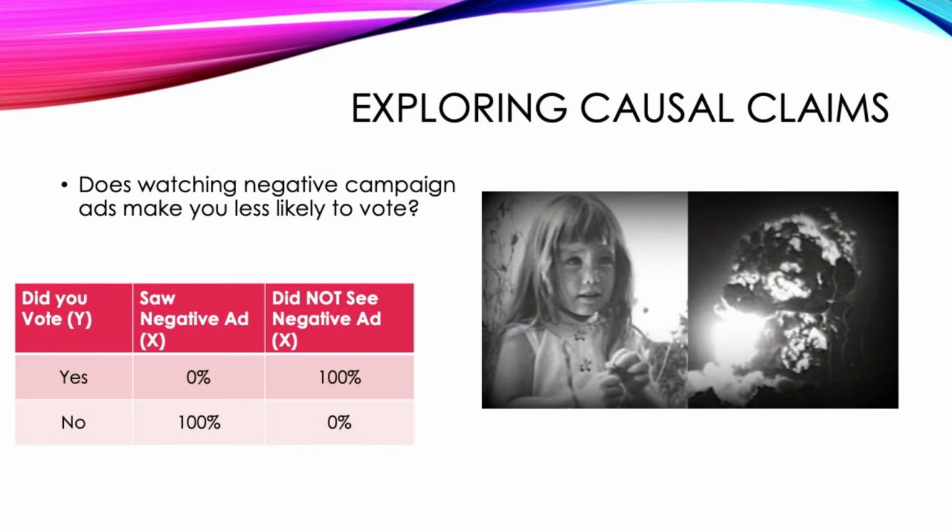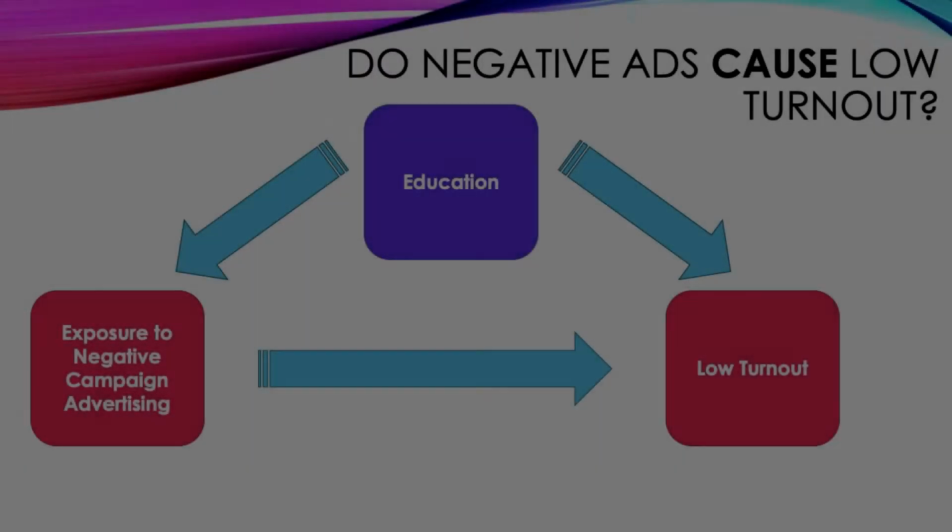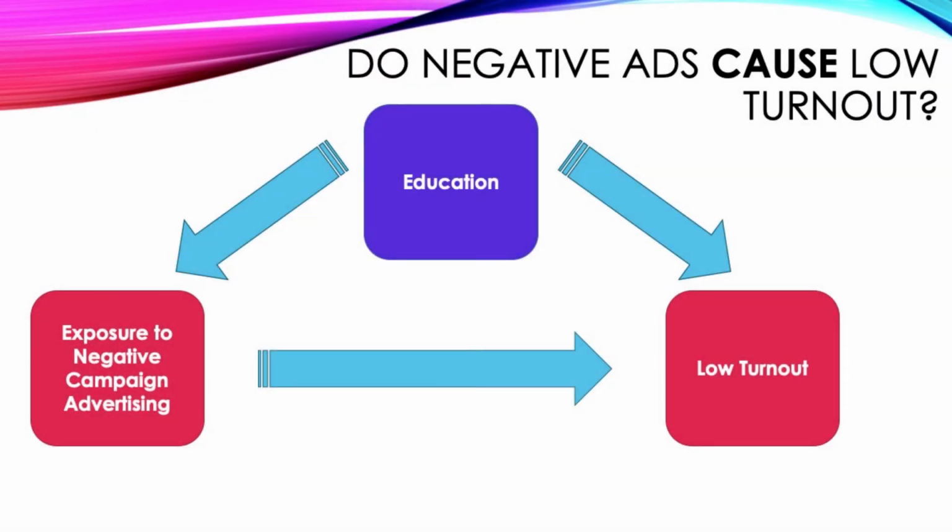And the job of a data scientist is to always be thinking about these other independent variables, these other explanatory factors that might also cause the dependent variable to occur. And you might remember this from the arrow diagram lesson of the intervening variables.